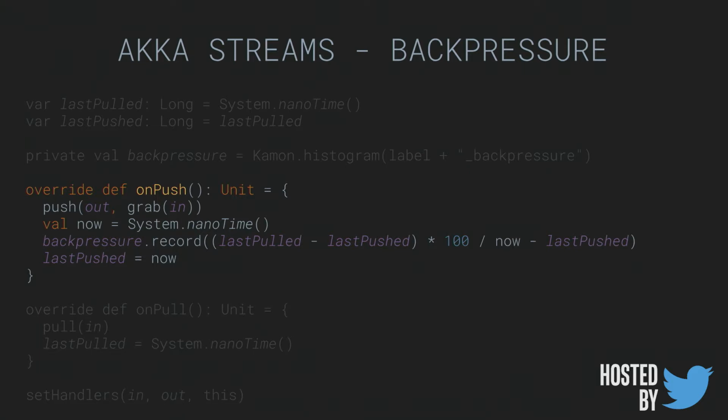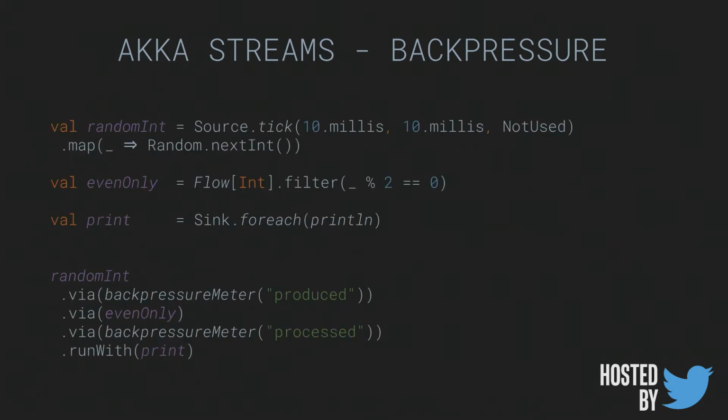In this case, it will be a percentage, and 0% will mean the pipeline is never back pressuring in this place, and 100% means it's always back pressured in this place. But more likely it will be something between the two, right? Now, this stage can be used in the same way that we use the throughput meter here. We just place it wherever we want in the graph, and we get a pulse, right?